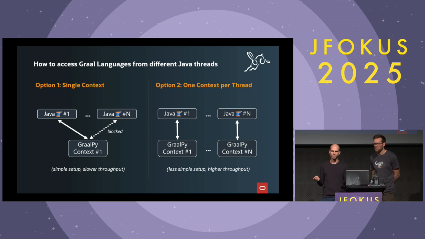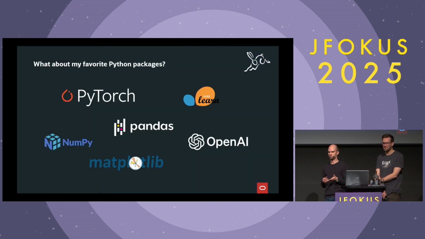This setup is slightly more complicated because you need to worry about setting up multiple contexts per thread, but you can get all the throughput that your CPUs afford you. And your favorite Python packages for machine learning, data science, they all should just work. And many of these just do.